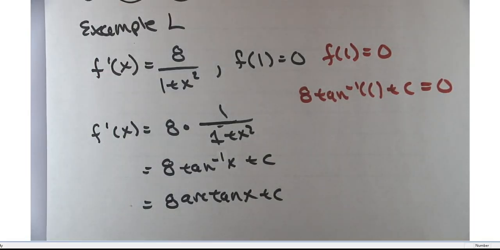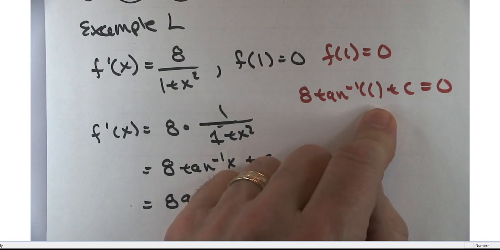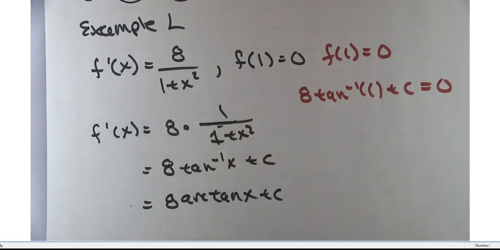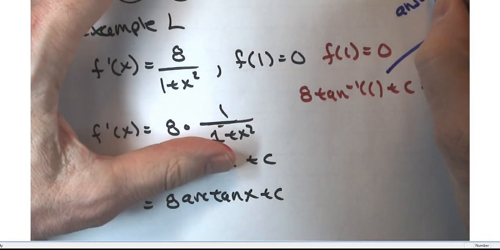The inverse tangent of 1. Does anyone remember what angle has a tangent of 1? If you don't, one thing I need to remind you of is that your answer needs to be in radians. Answer in radians.